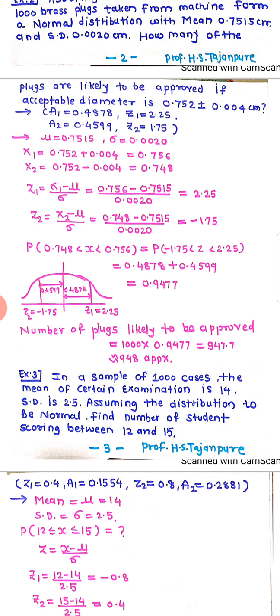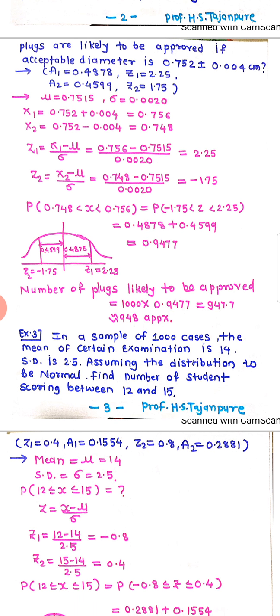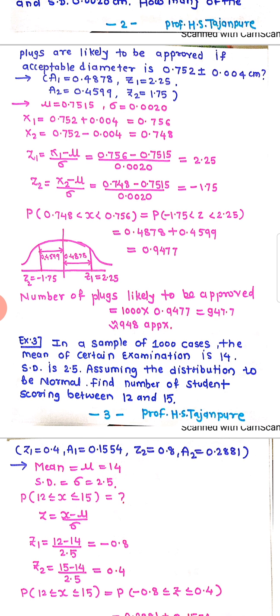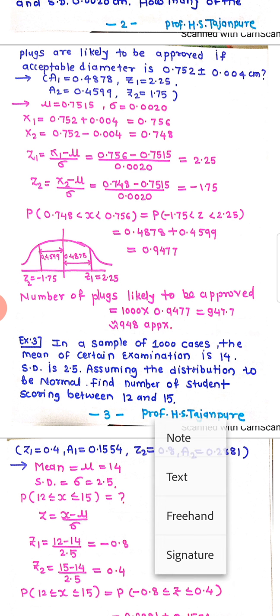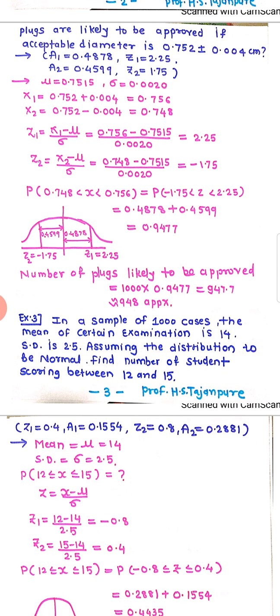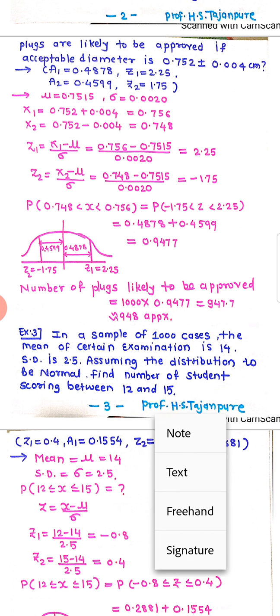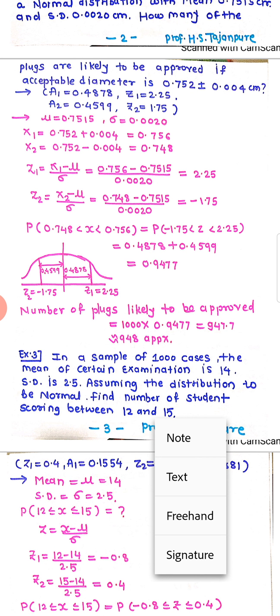Okay, so now finding the probability is nothing but finding the area. We have to find the area which lies in between the points minus 1.75 to 2.25. For that, see, the area corresponding to z equal to 2.25 is given. That is the area from z equal to 0 to z equal to 2.25. But now in the example they have given the area for z equal to 1.75, right?